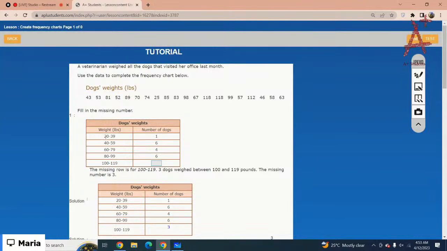Like this one, 20 to 39. See how many values we have from 20 to 39. You have to find the missing 100 to 119. Okay, 100 to 119. 1, 2, and 3. You have three values, and that means three of the dogs last month weighed between 100 and 119. Got it? So the missing line's correct option is 3.